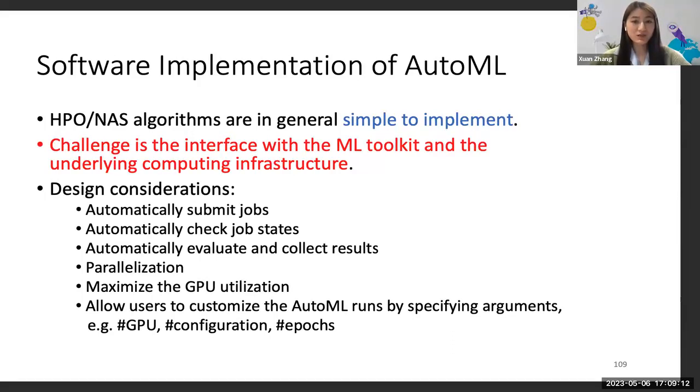And at the same time, the software should be flexible enough to allow users to customize their AutoML runs by specifying arguments such as the number of GPUs, the number of configurations to try, and the number of epochs for each run.